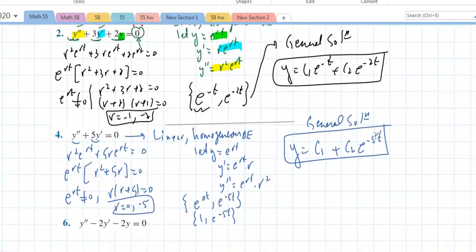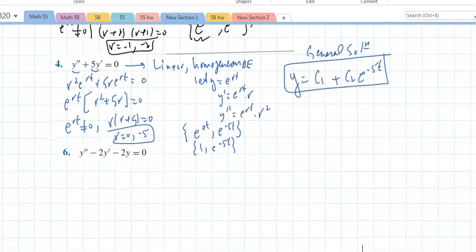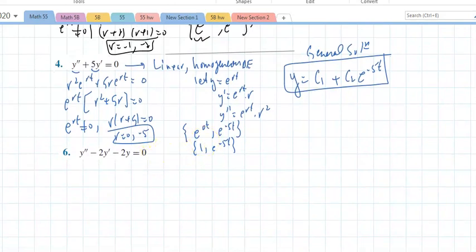If I look at number 6, well, we're doing it again. This is a homogeneous linear differential equation, right? Same deal. I'm going to let y equal e to the rt. I need y prime, that is r e to the rt. I need y double prime, that's r squared e to the rt.